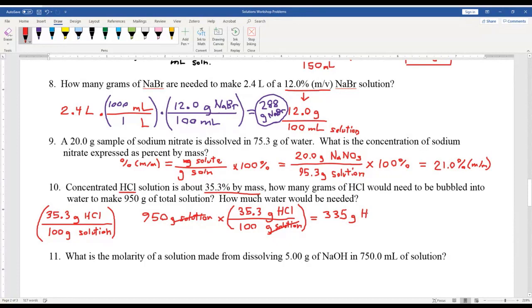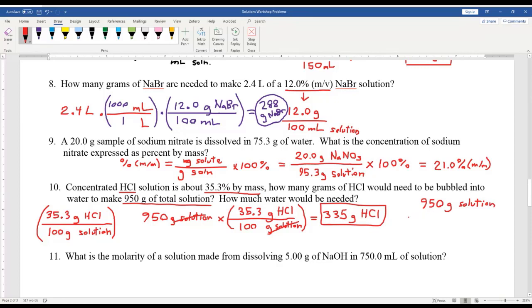Now, it says how much water would be needed. Well, if I know there's 950 grams of total solution, and I know that 335 of those grams are HCl, how would I figure that out? You have to subtract them, because the solution is the solute and the solvent together.